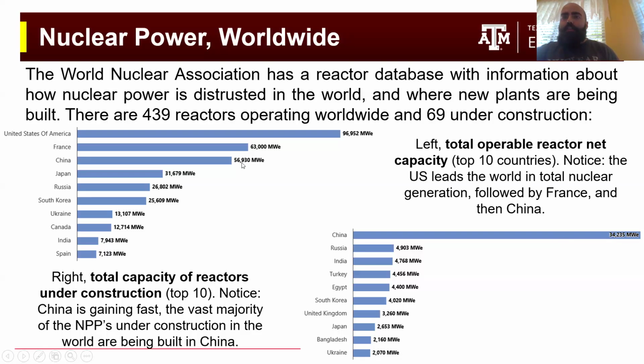So if you take their current 57 and add 34, I'm bad at math, but let's see, 57 plus 34. Add four, that's 61, then add the three, that's 91. If China gets all of this power installed, they'll be just under us in terms of total nuclear capacity.